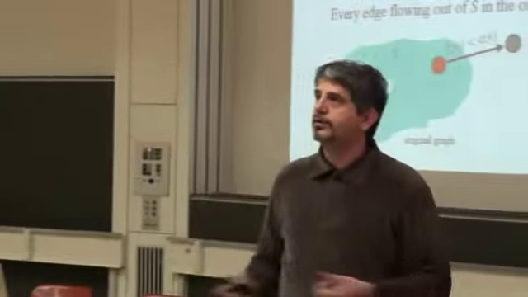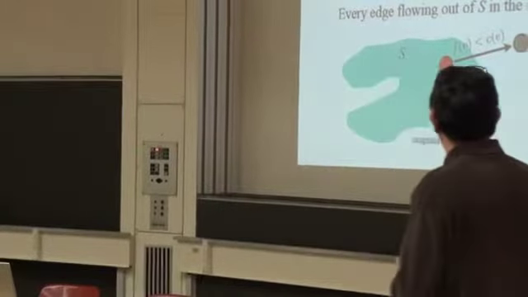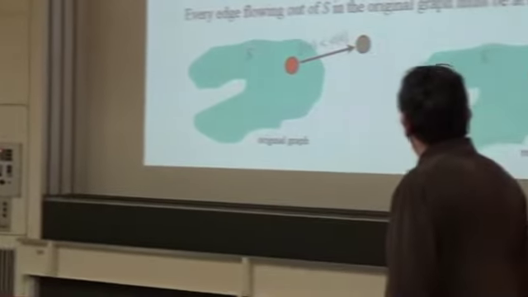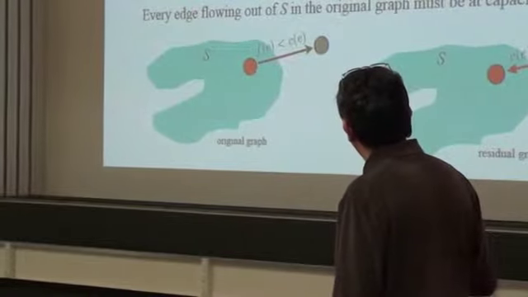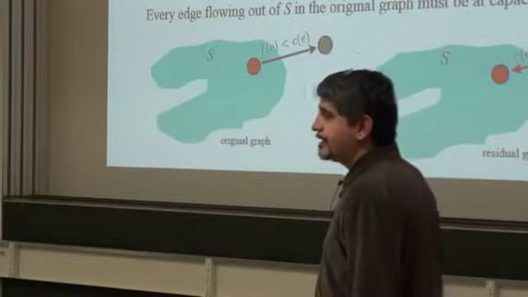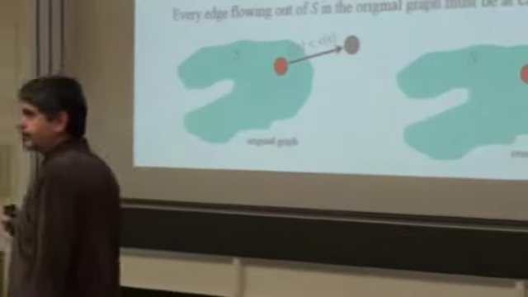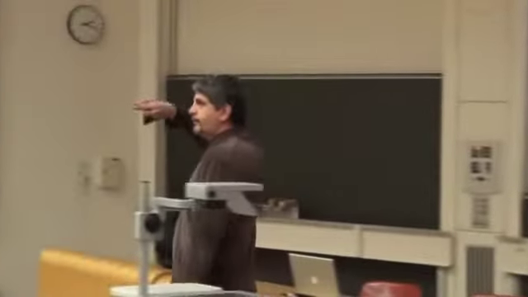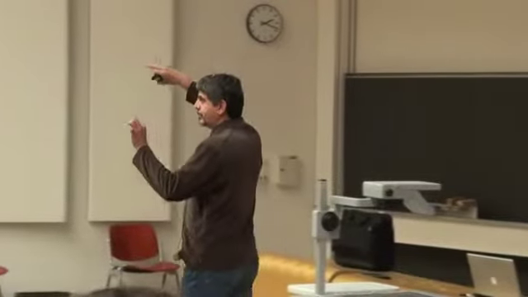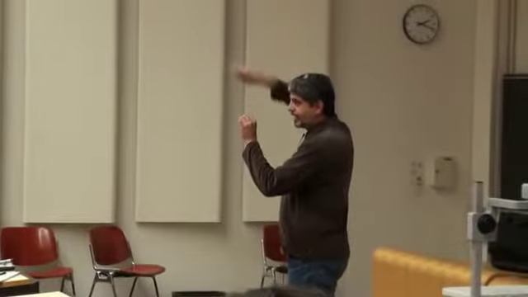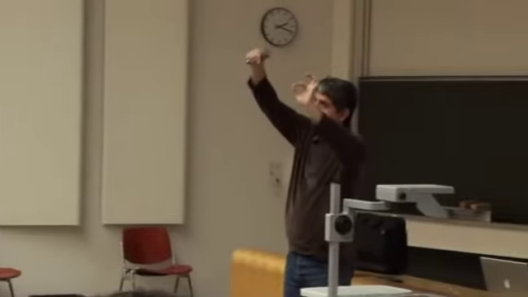Now, of course, this capital S and capital T form a cut because they are disjoint and their union is equal to the set of all the vertices. So they are definitely a cut. Now, every edge that is flowing out of this S must be at capacity. Why? Because if the flow was not at capacity, then we could follow the edge in the residual graph. Whenever on an edge the value of the flow is smaller than the capacity, we keep that edge.